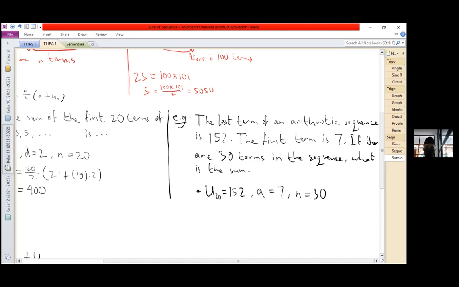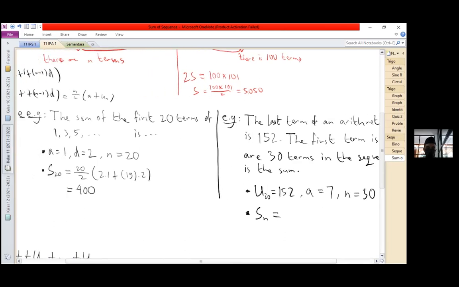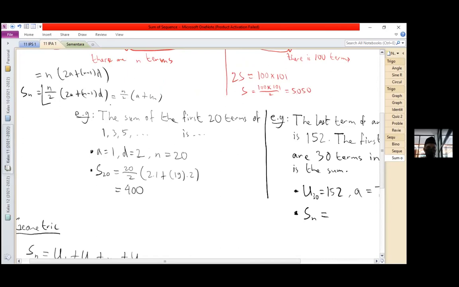What is the sum? To find the sum, if you are going to use this one, then first you have to find the difference of the terms in the sequence.